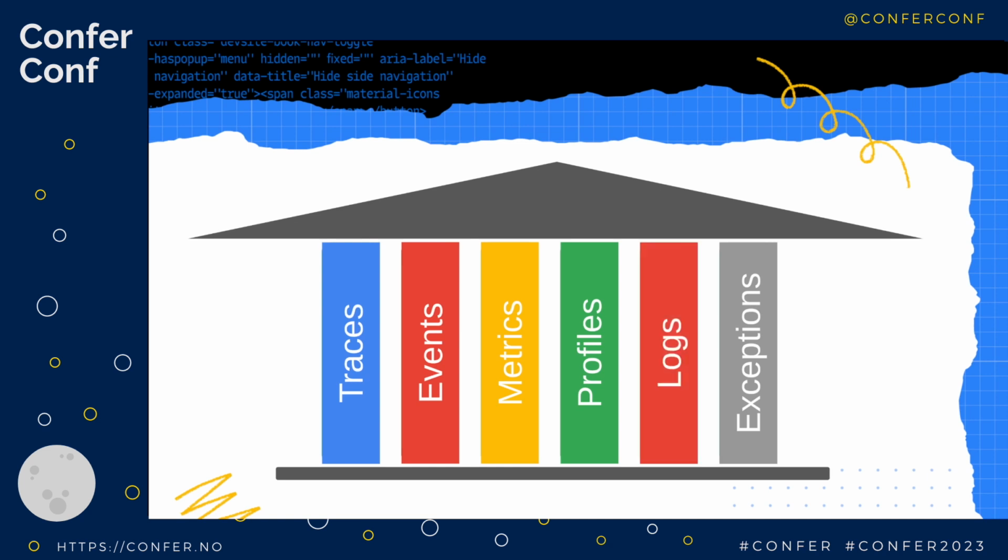We also have logs. We were talking about them. And exceptions, in the sense of what we know as an exception, right? When we are running Java and we have a crash and we can see all the stack trace and everything.